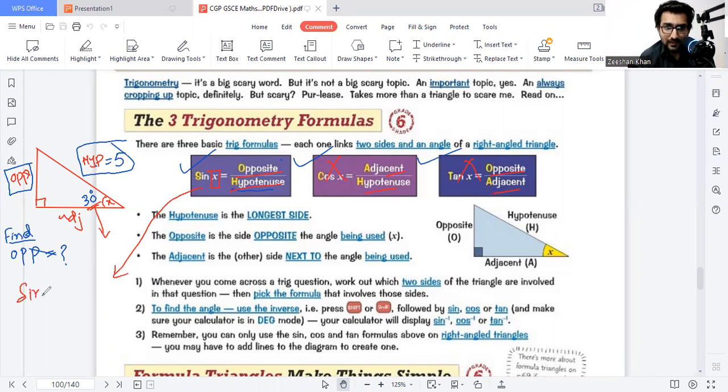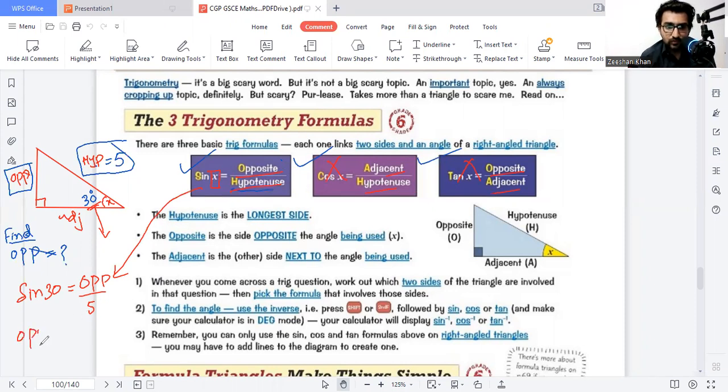So sine x, I will substitute 30, equals opposite, which we need to find, divided by hypotenuse. Hypotenuse is 5. I want to find out the opposite, so cross multiply it.